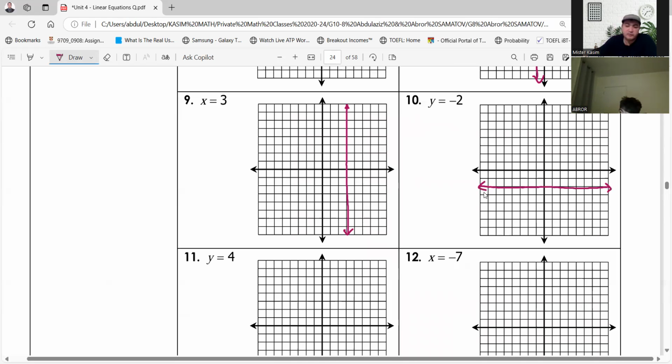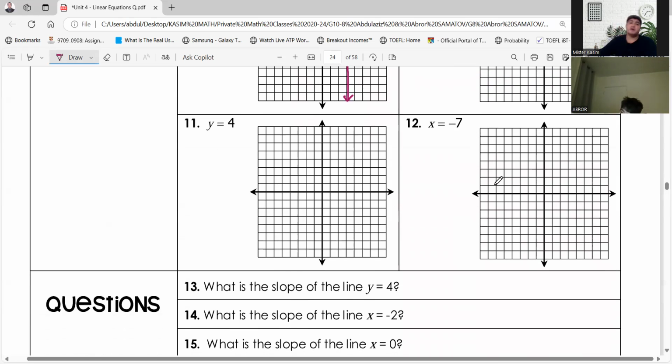It's really easy to draw. You should know this. Vertical or horizontal? How about y equals 4? Horizontal line, right? 1, 2, 3, 4. So this one is a horizontal line. All right. And x equals -7. Vertical line.